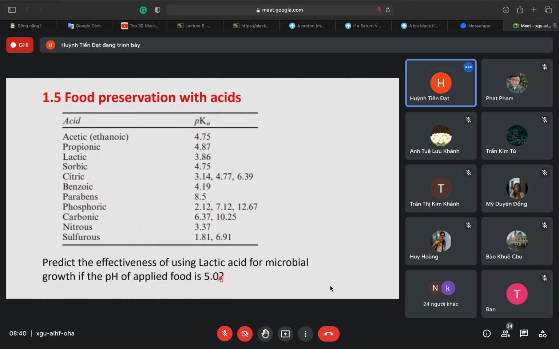So please explain. I give you a few minutes here. You can discuss with your friends. After that, you can answer. This one is very practical in food preservation.